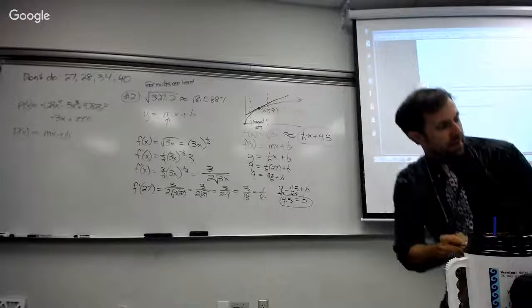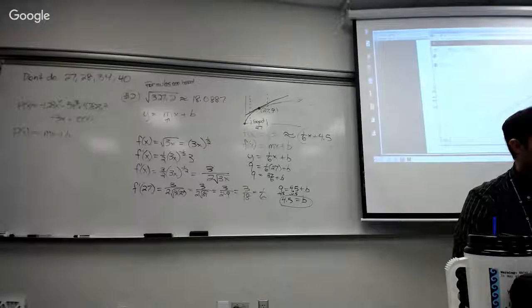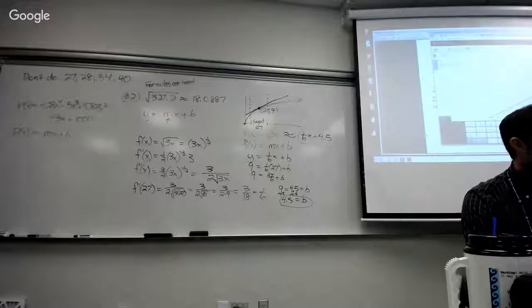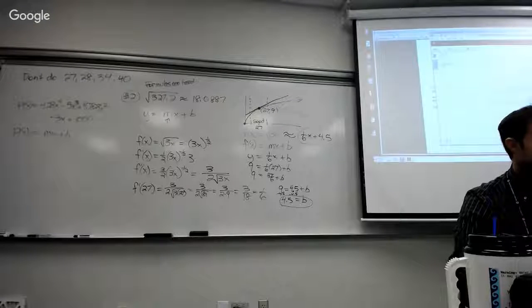So I'm going to go back to my graph, and let's go ahead and look. Let's see how our approximation did. It's 1/6 x plus 4.5, and bam! There.